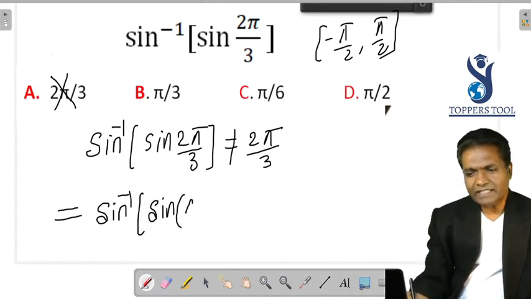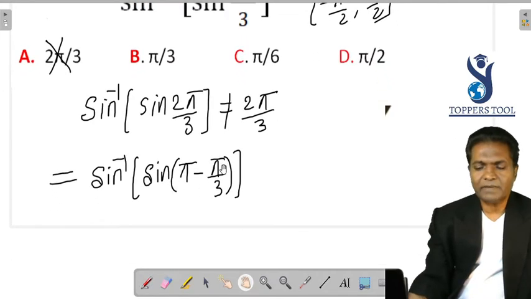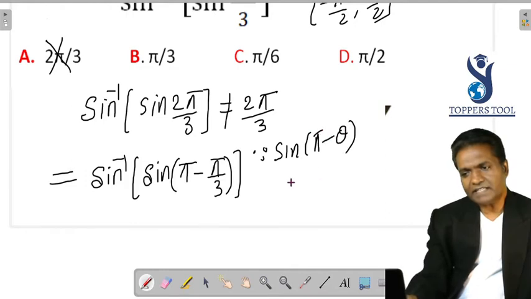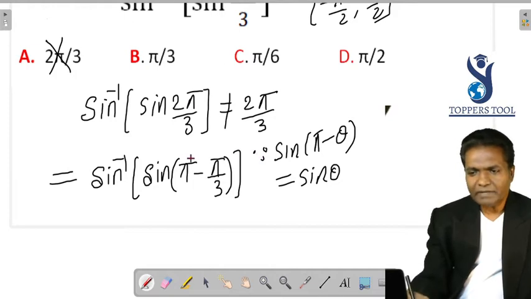This 2 pi by 3 can be written as pi minus pi by 3, because if you take the LCM, 3 pi minus pi is 2 pi by 3.